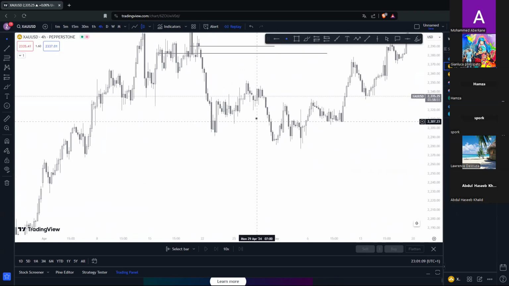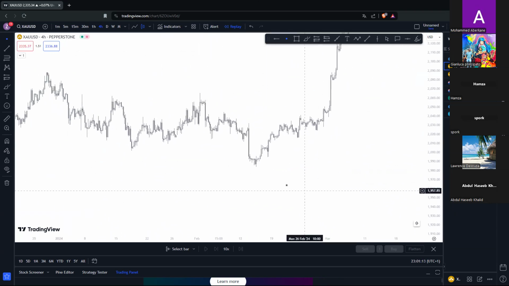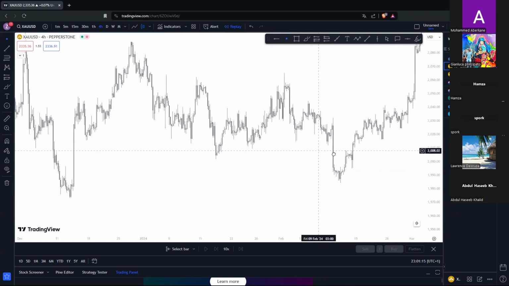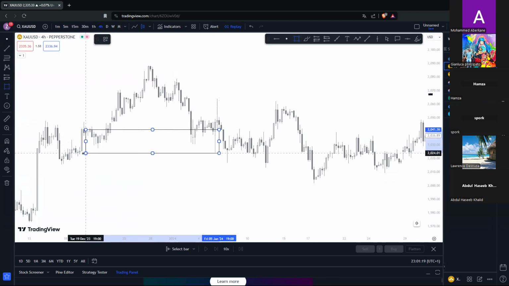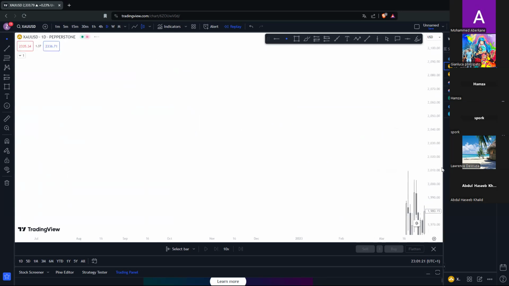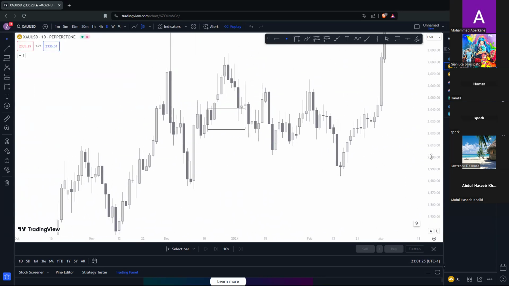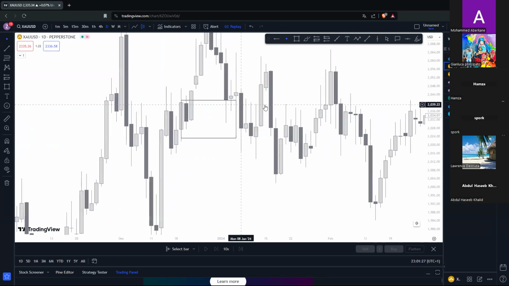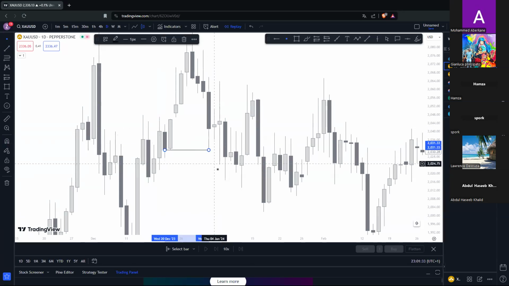Let me just try to find the example. Yeah, it was right here, okay? Let me just mark this. So when you go to the daily, you can see that we had what? Okay, is it this level?